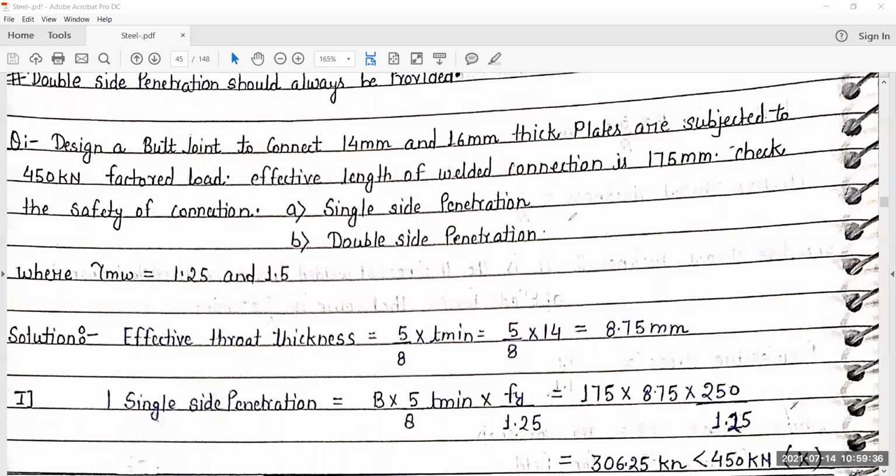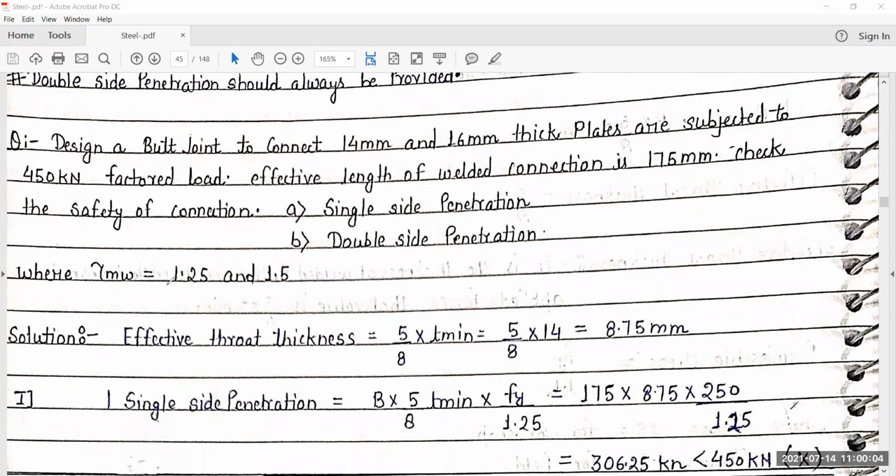Next, the single side one is supposed to be covered joint. Okay, so suppose we use double side penetration.